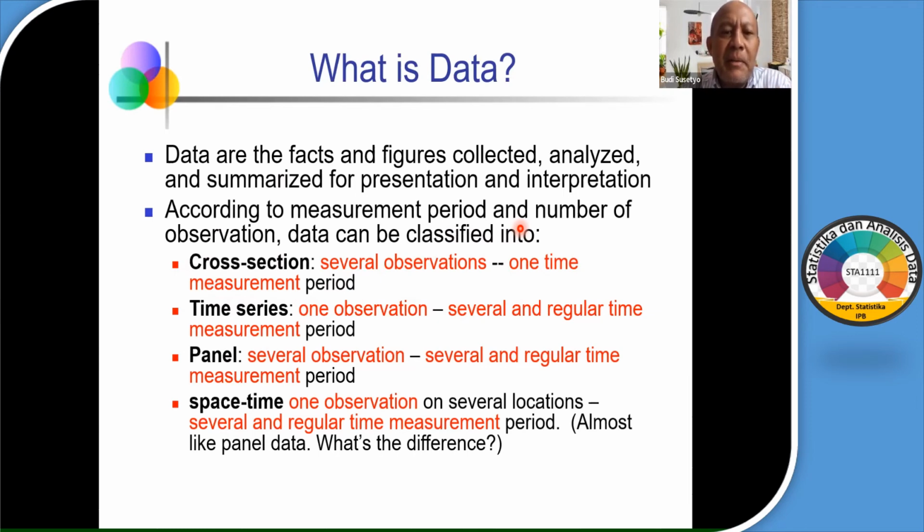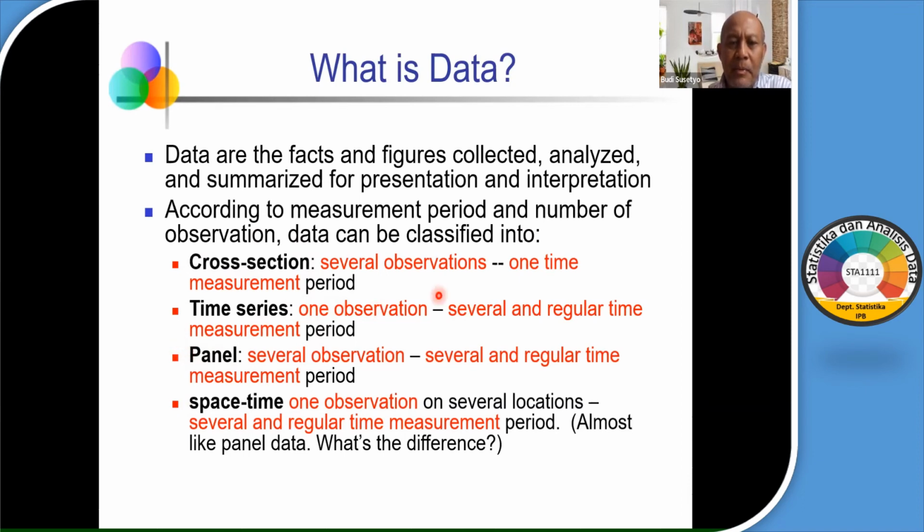This is cross-section. But if I collect the data many times, for example, in January, and then next month I measure your weight again, every month I measure your weight, so we call the data time series data.